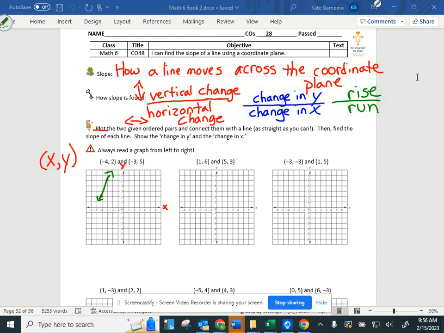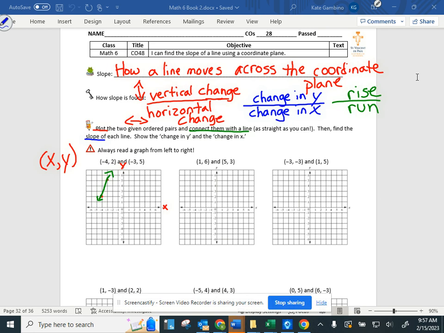So that's how we know it's a line that's going to continue on. That's it? Nope, that's our second step. That was connecting them with a line. So we plotted, we connected with a line, and now we're going to find that slope. So there are 3 steps: plot, connect, slope.